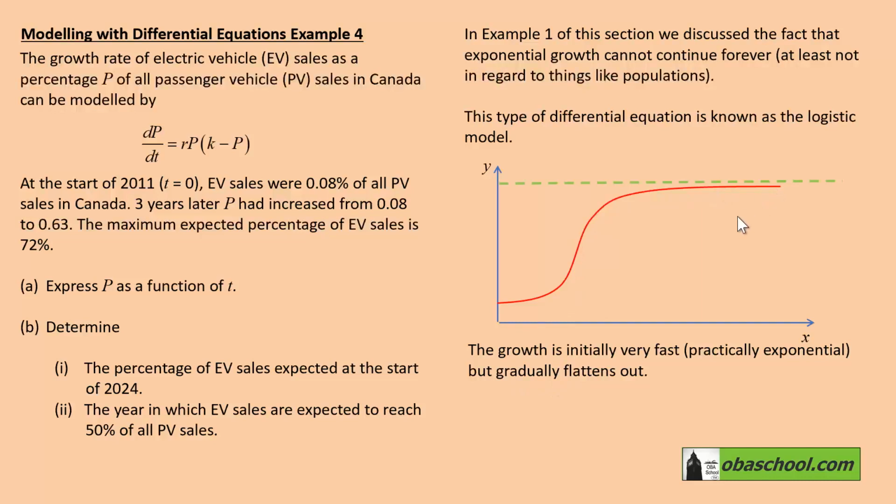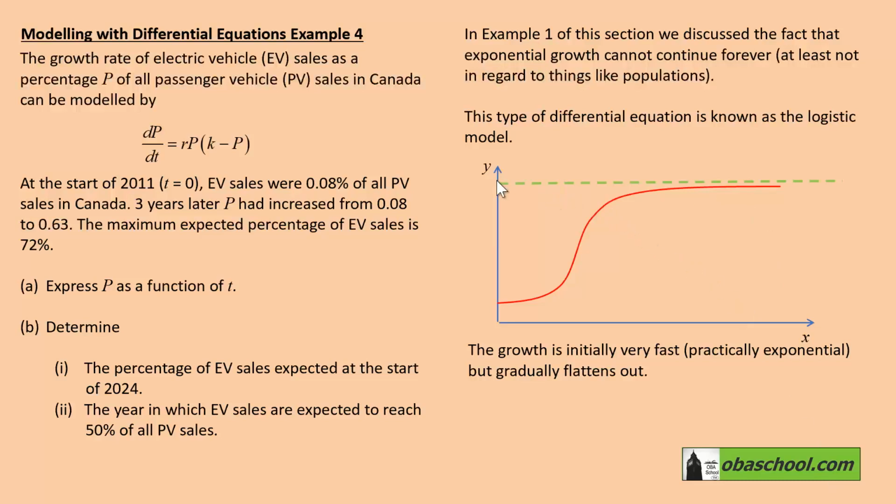And this is the type of thing that happens with many populations, that it will grow fast while there's plenty of nutrients and resources, but when they become scarce because the population gets too large, it will tend to flatten out. And from here, other things might happen, like a decline in population.